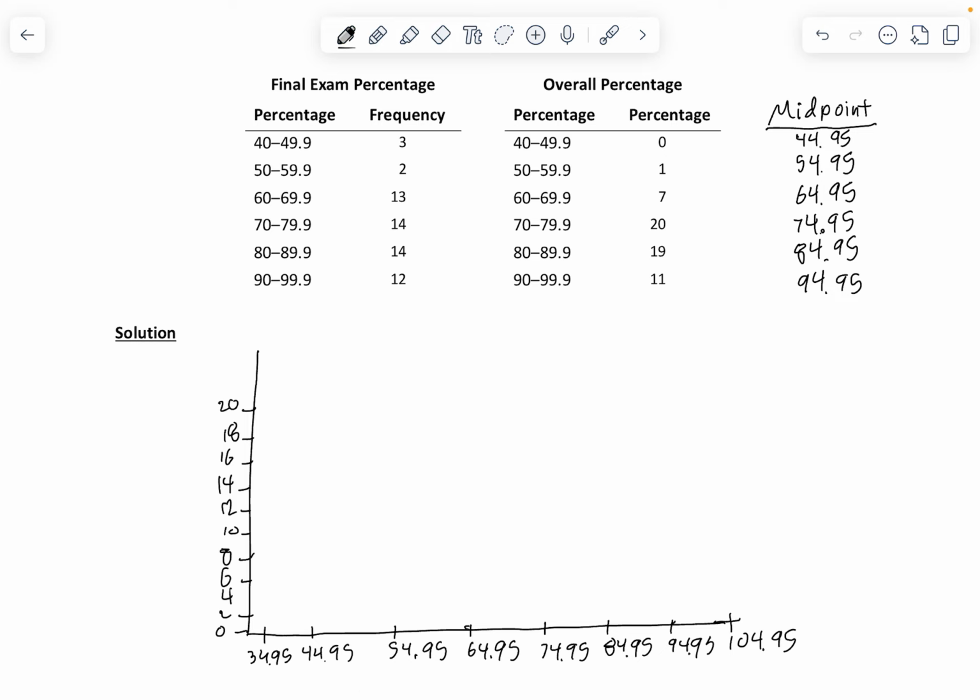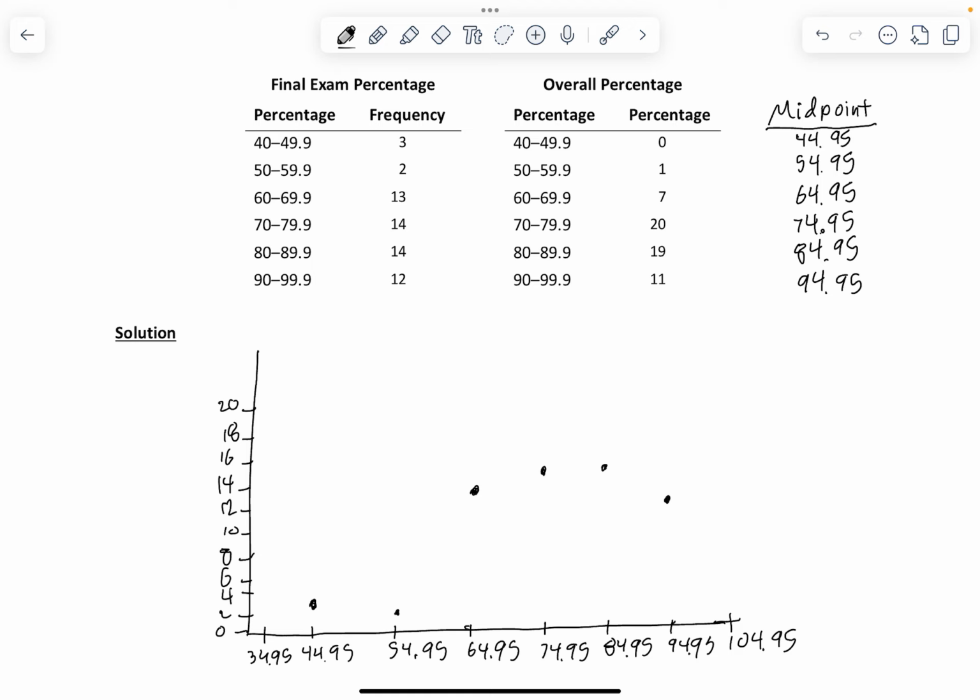So height of 3, which is between 2 and 4, so right there. Then 2, and then 13, and then 2 14s, and then a 12.